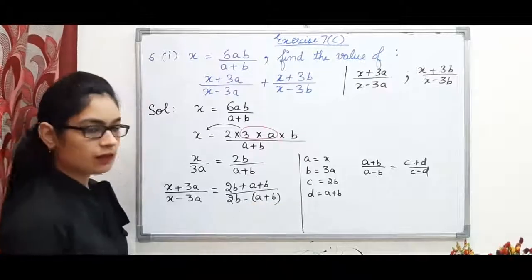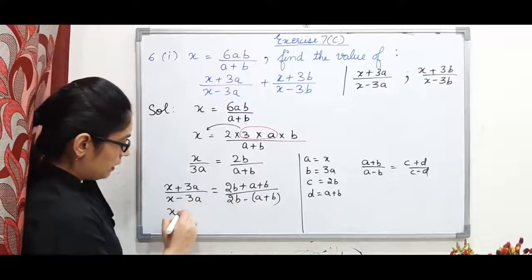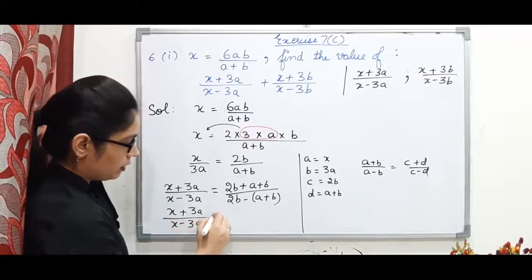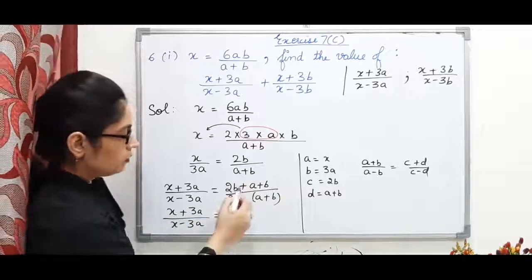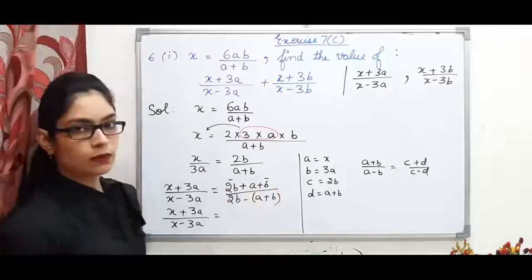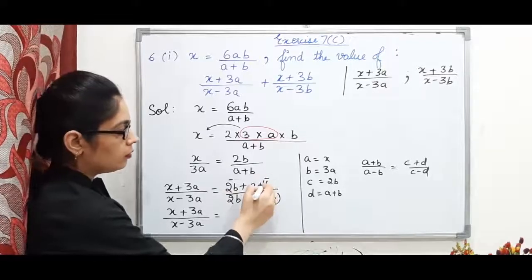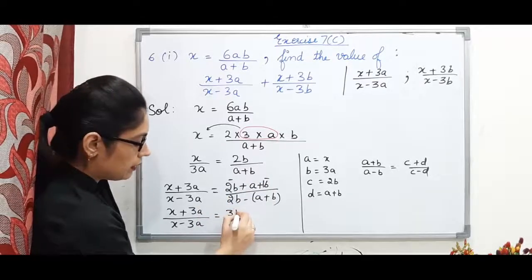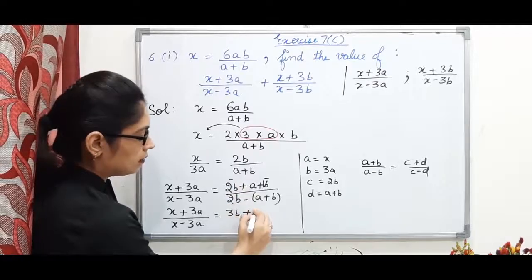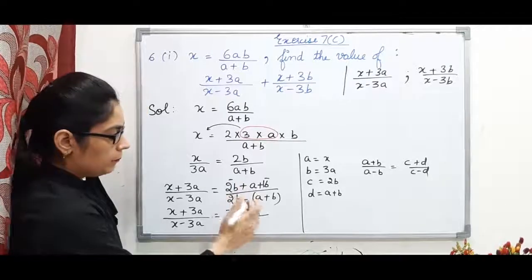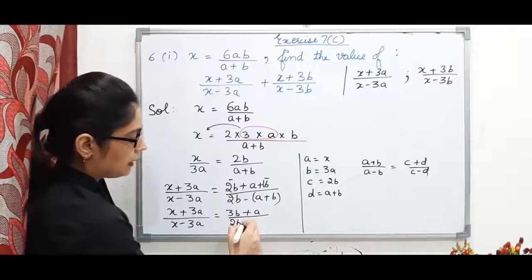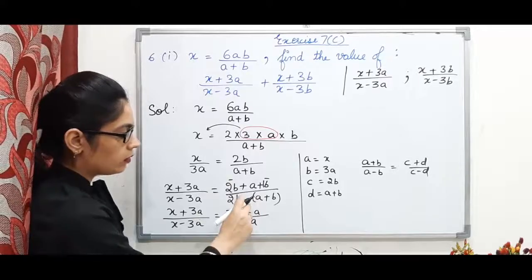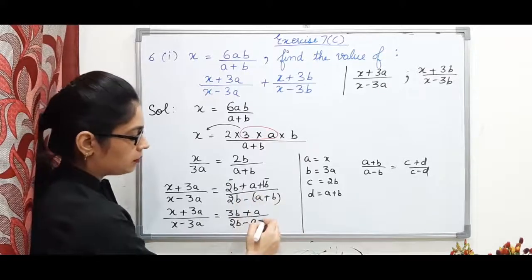Minus sign, just write this expression in brackets. Yes, in the previous question also I told you, x plus 3a upon x minus 3a is equals to, like terms we can add. So 2b and b, these two are like terms, so we can add. b means 1b, so 2b plus 1b equals 3b, plus a as it is we will write. 2b minus a. See, minus sign outside the bracket, inside signs will get changed. So minus plus minus, plus minus minus.